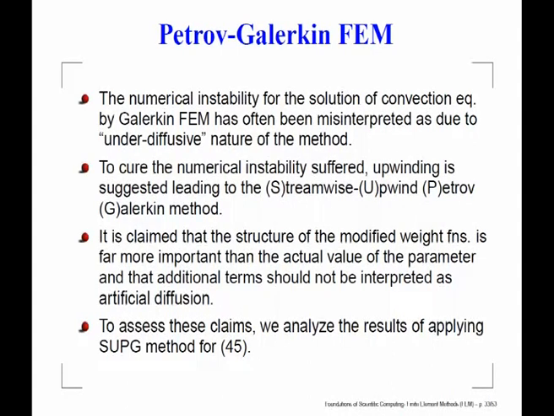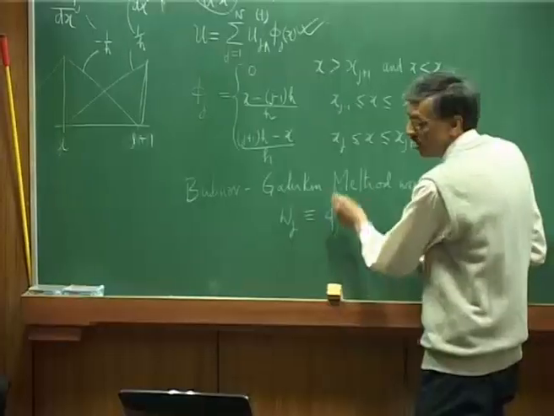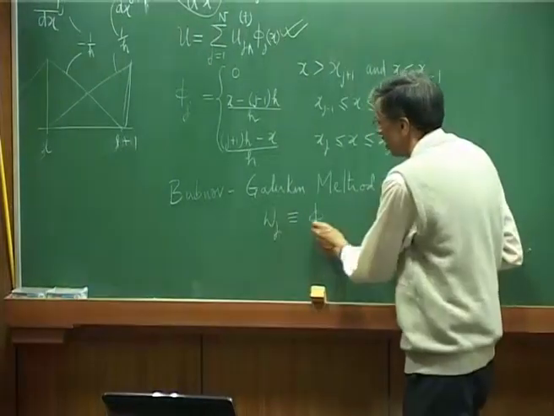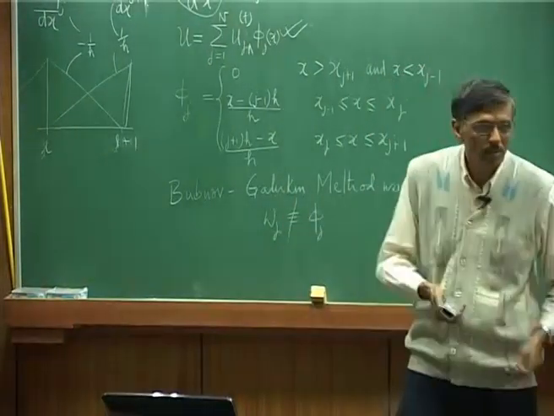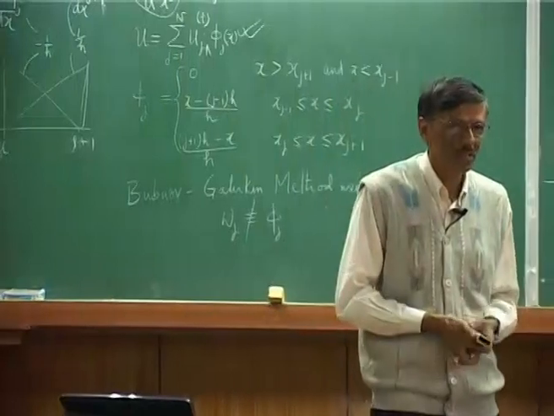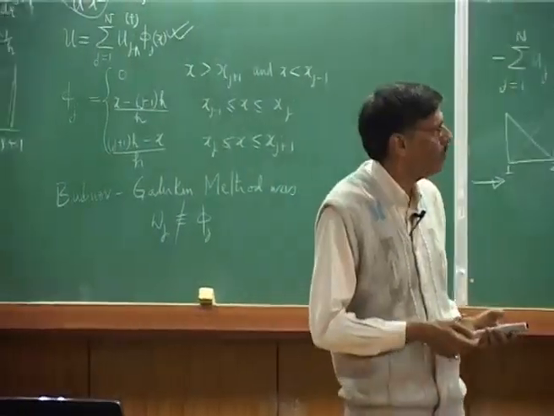So, what they did was they switched over to the Petrov-Galerkin method, and in the Petrov-Galerkin method what you do is you do not use w j equal to phi j, you just give up that option. Okay.